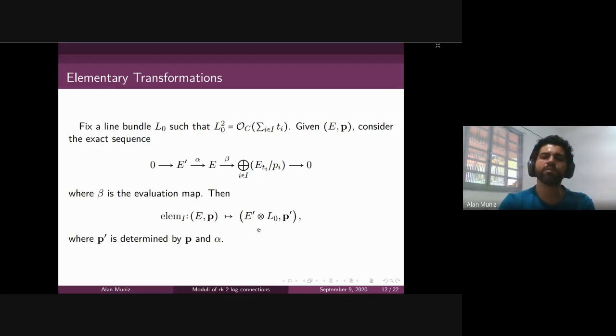So we can send the moduli space of the first chamber to a moduli space of the other chamber.